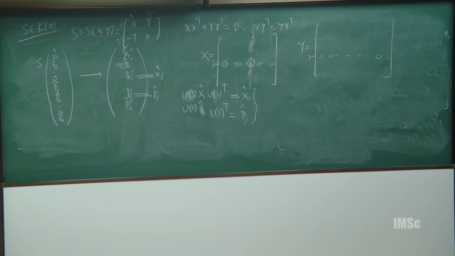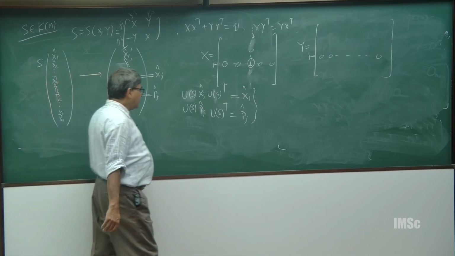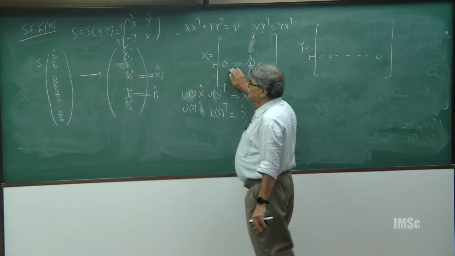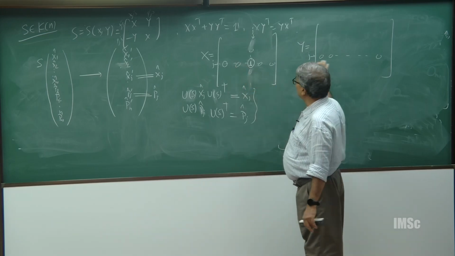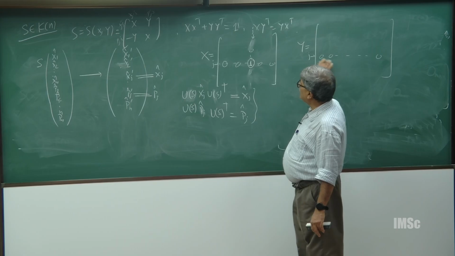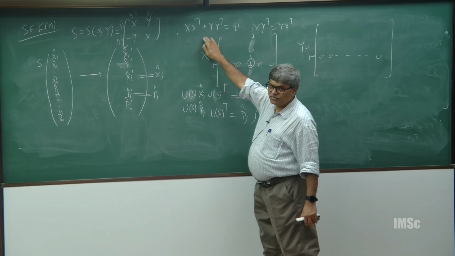So you see that, I mean, these are allowed, right. I think these are allowed. If I take x and y of this form, are these not allowed? Do they violate this condition?